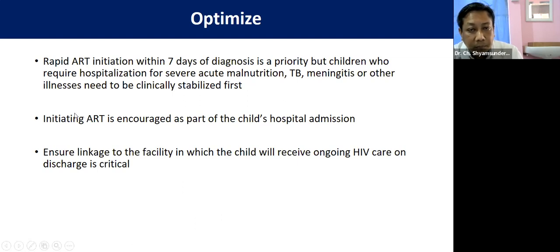Then when the patient has been stabilized, initiating ART is encouraged as part of the child's hospital admission, because early initiation is very, very important. And the linkage is also important, because if we call them for follow-up after discharge from the hospital, they may be lost to follow-up. Ensure linkage to the facility in which the child will receive ongoing HIV care on discharge, which is critical.